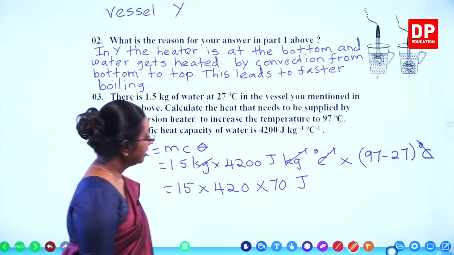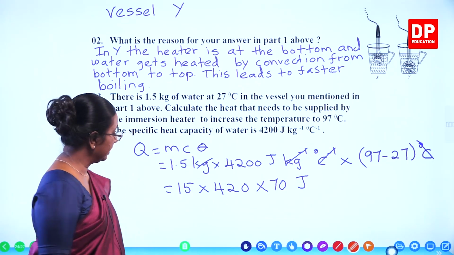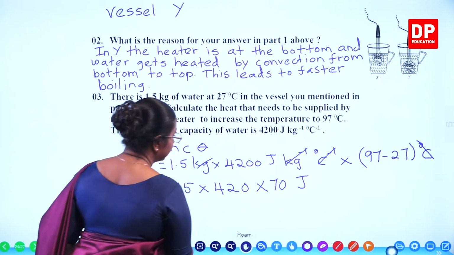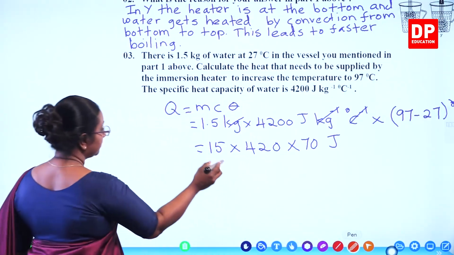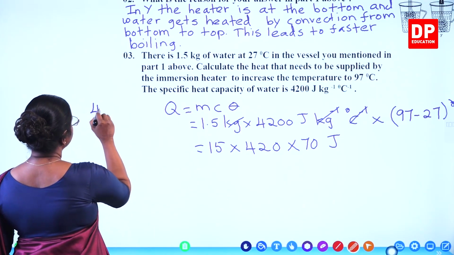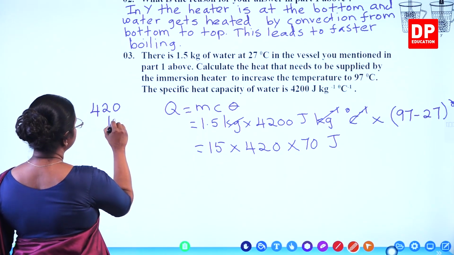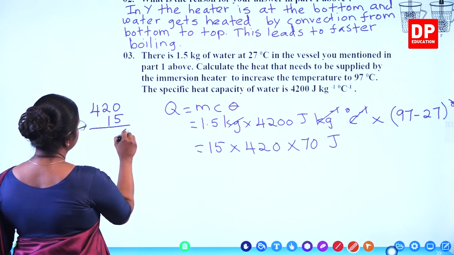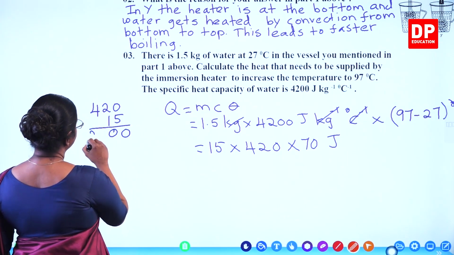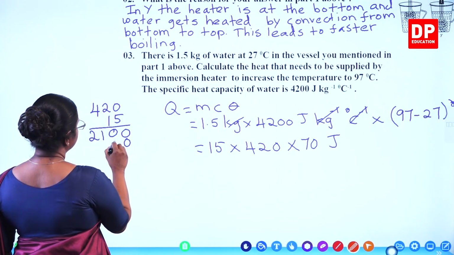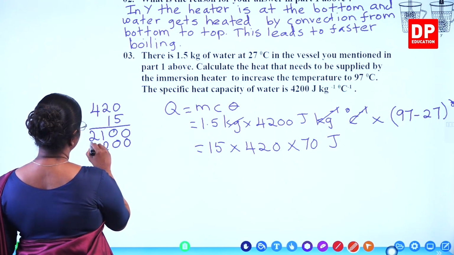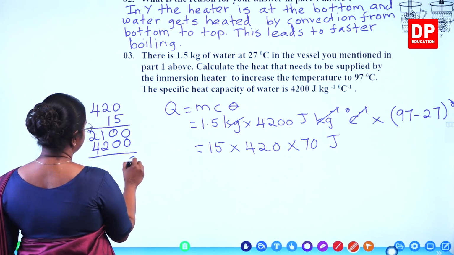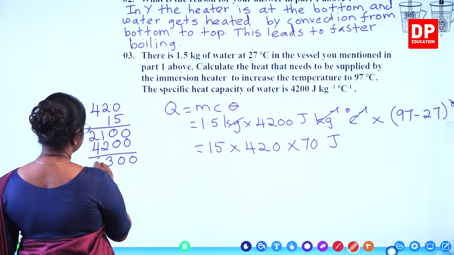The unit will be in joules. If we multiply and get the value there, 4200 into 1.5, we get the answer as 6300.